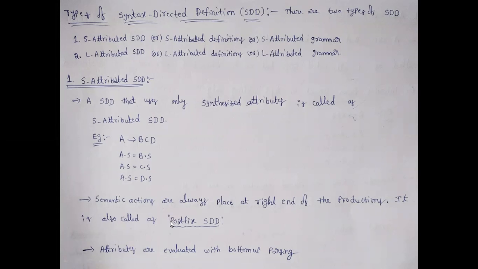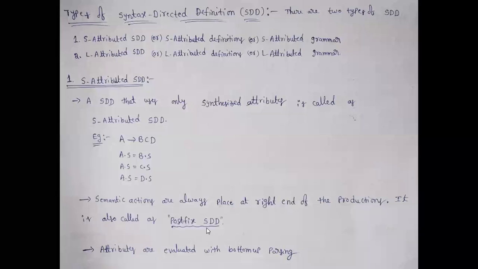So what is postfix? We place the operator at the end, the right end. That is a postfix expression. For example, a plus b is an expression. What is the postfix expression for a plus b? It is ab plus. In the same way, semantic actions are always placed at the right end of the productions, so it is also known as postfix syntax directed definition.